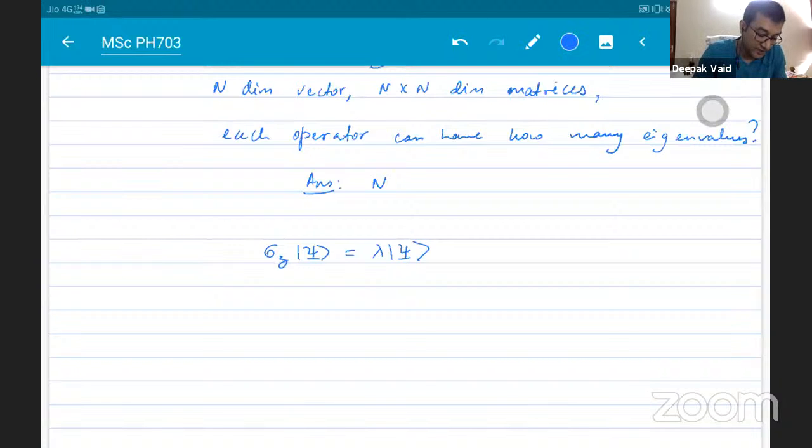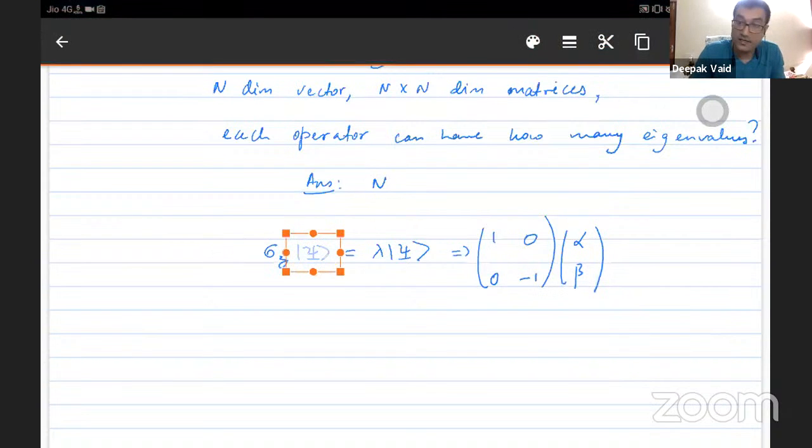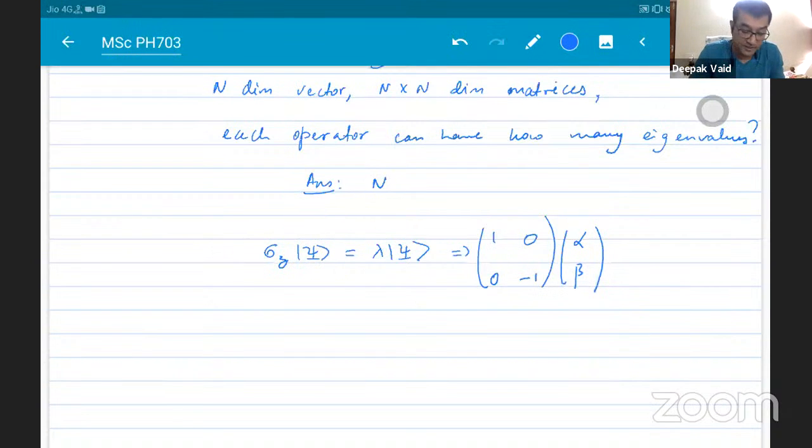So let us write this equation out in more detail. 1, 0, 0, minus 1, times alpha, beta. Psi is a vector, right? It has components alpha and beta. And this is equal to lambda times alpha, beta.